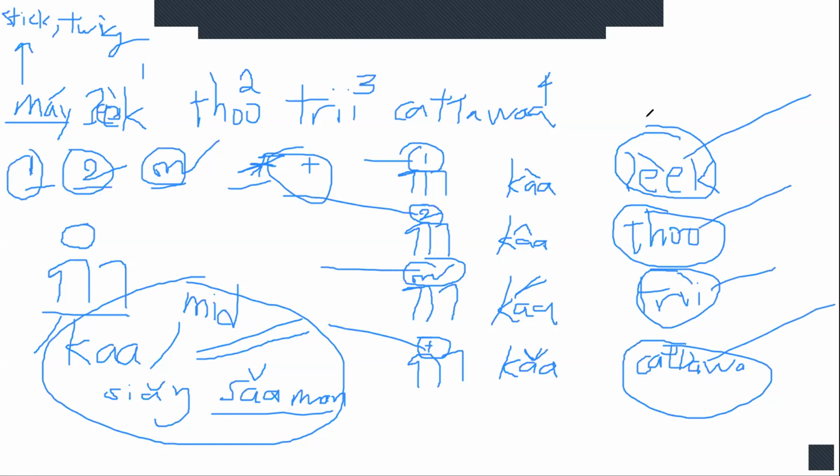So if you don't follow this way of calling the tones, like common tone, tone 1, tone 2, tone 3, tone 4, what you end up doing is, oh, if I add my egg, the tone becomes low. If I add my toe, the tone becomes falling. What's the link between toe and falling, correct?